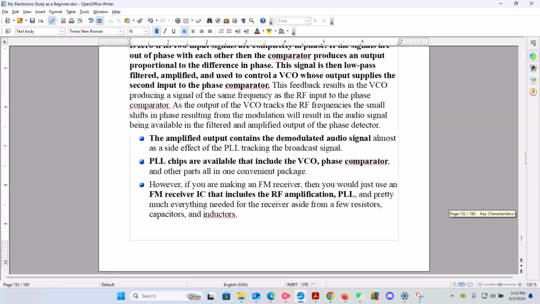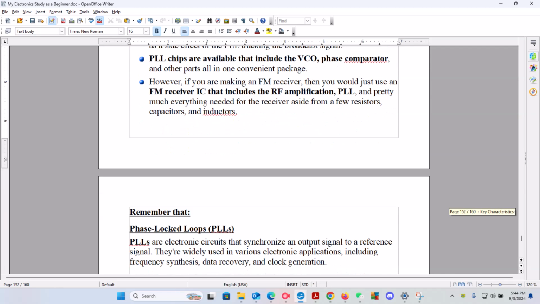However, if you're making an FM receiver, you'll need to use an FM receiver IC, which stands for, if you remember from before, integrated circuit or chip, right? Computer chip. That includes the RF amplification, PLL, and pretty much everything needed for the receiver aside from a few resistors, capacitors, and inductors is in that IC for the PLL.